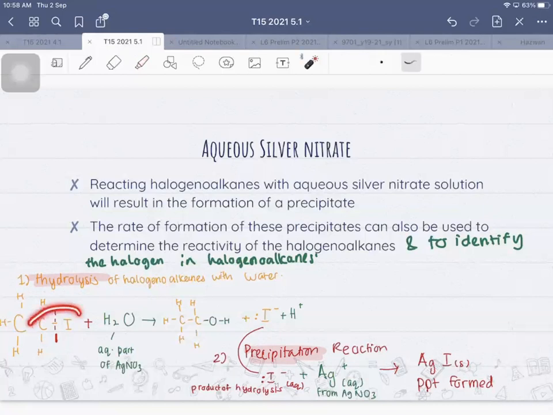So in this first step of the reaction, if this bond is weak and easier to break, then this reaction is fast. You form precipitate really quickly. However, if this carbon halogen bond is strong, it takes longer to break, and the formation of the precipitate will also be slow, and it will take a while.